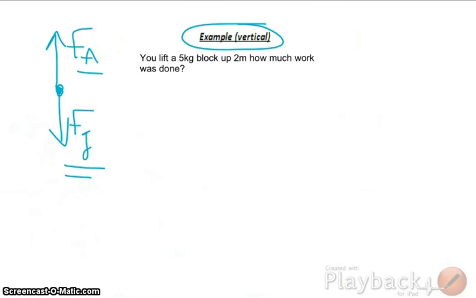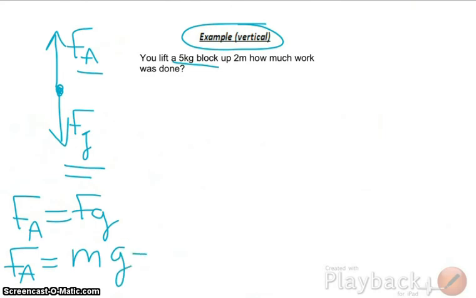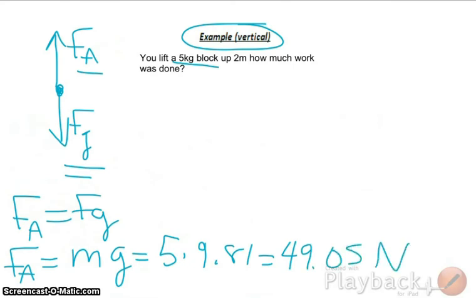So if you have a 5 kilogram block, then you have to apply a force equal to that of gravity. So your force applied has to be equal to mass times gravity. So 5 times 9.81, so 49.05 newtons has to be your force.